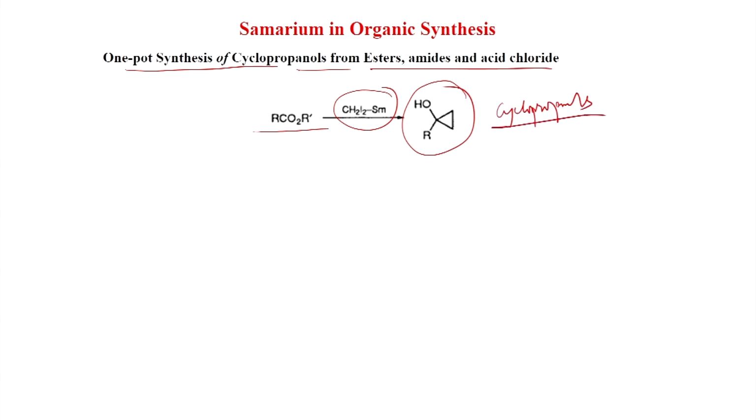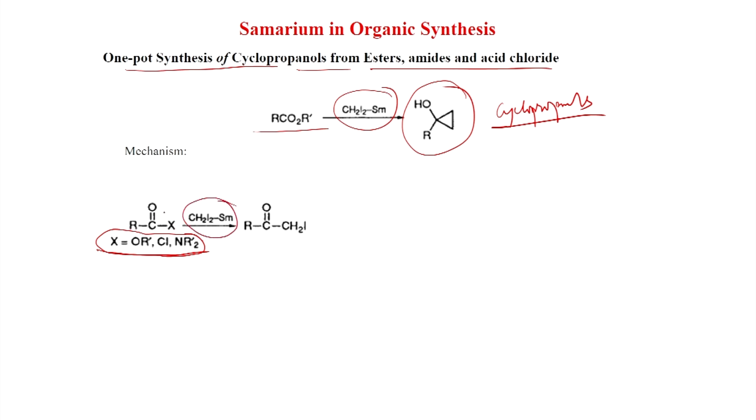So, what is happening here is that if you have a leaving group X equal to OR, Cl, NR2, that is the tertiary amide, and then if you put CH2I2 samarium, then a nucleophilic substitution reaction happens.